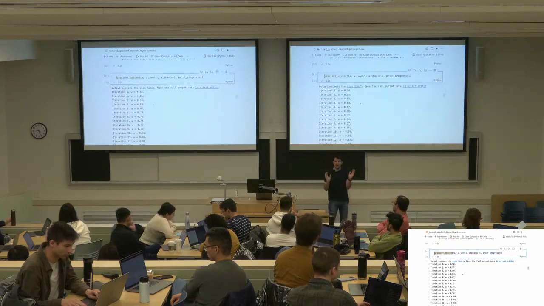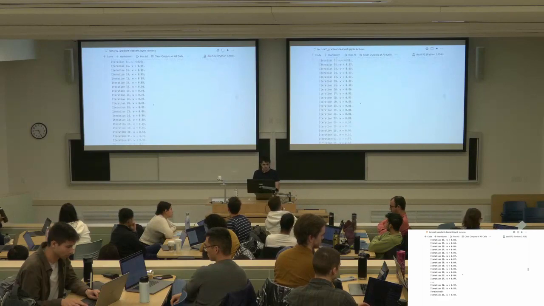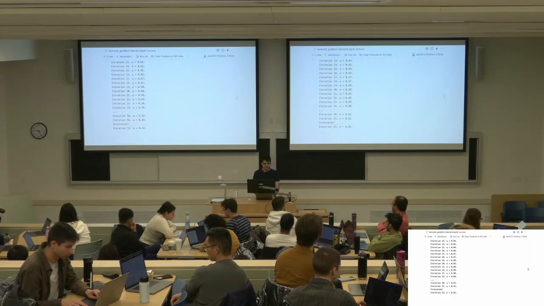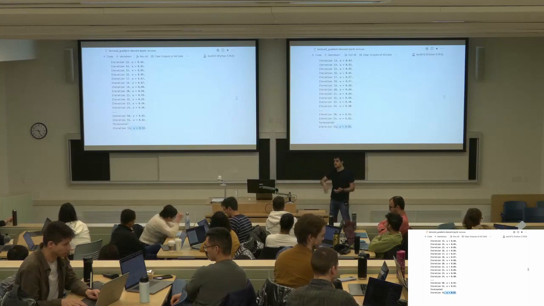Because if the gradient is almost zero, it means that we are at the minimum. You can see that after 51 iterations, we have found a value of w equal to 0.92, which is close to what we observed visually and using the enumeration.